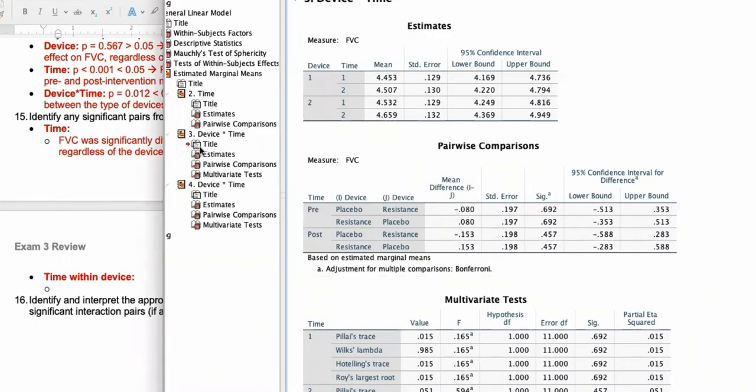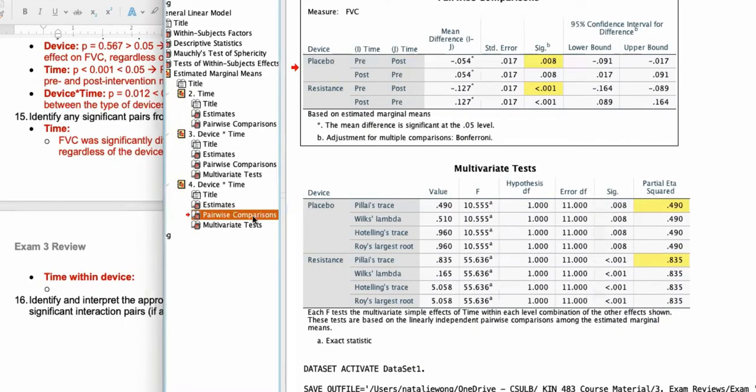And then for device and time, my second set, where we're looking at differences between time points within each device, we can see there are differences between both pre and post measurements for both of our conditions.